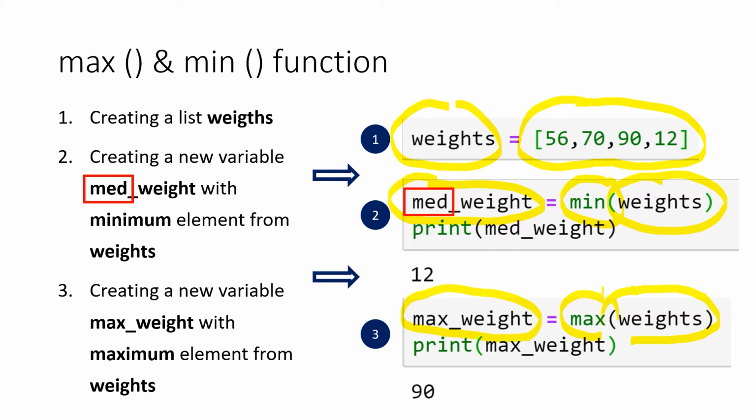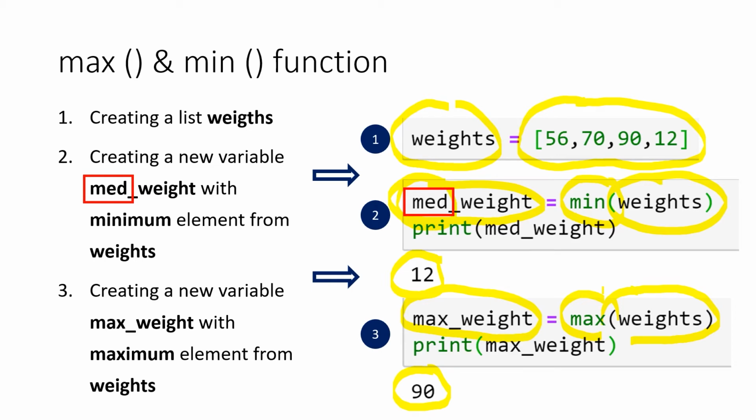Now if we print out these new variables, we get, okay, 12 is the lowest value within the list and 90 is the highest value within that list. And if we look at the list, that seems quite correct. So why did I put red boxes here? Because I did a mistake. I didn't use descriptive naming for our variable. If we search already for the smallest value or the min value in an element, I can also just call my variable min weight.